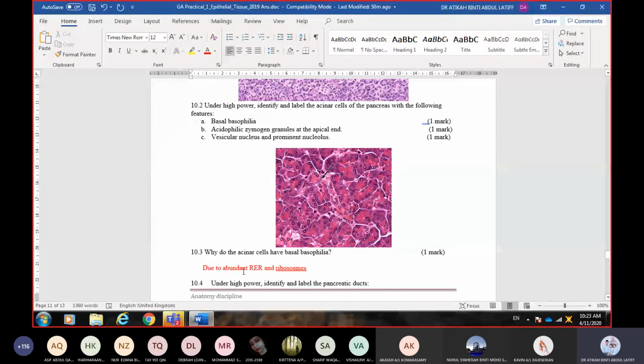Because of abundant RER and ribosomes. These are protein based, and protein stains more blue or purple in the H&E staining. Because the acinus has a lot of RER and ribosomes, they have basophilia, which stains blue or purple.